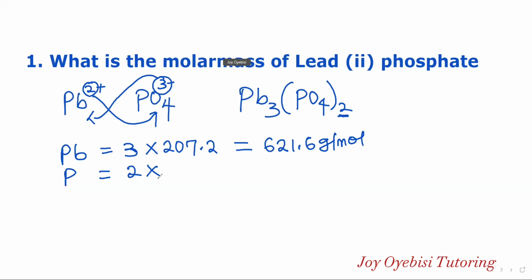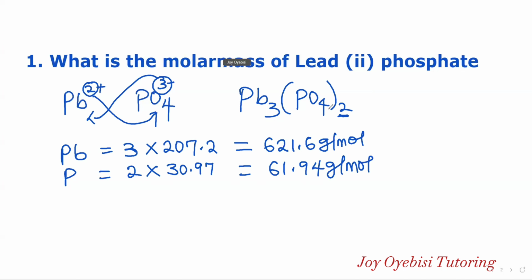You have 30.97 as the mass of phosphorus times 2. 30.97 times 2 is going to give us 61.94. And that is again grams per mole. So molar mass has a unit of grams per mole.